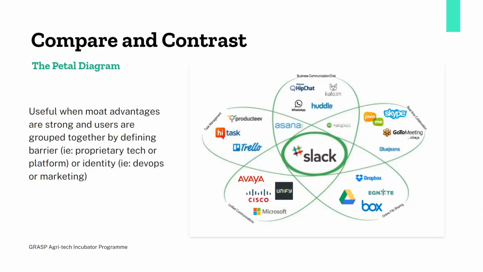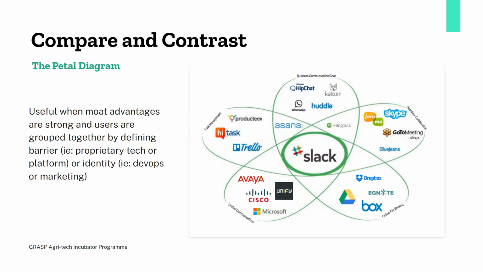It's the same as in agri-tech. If you have a technology provider that has a really strong presence in your market, so you think back to your ecosystem map, if you know, for example, that John Deere is the prevalent machinery type in this particular area, and you want to create IoT that works with John Deere machinery, you're going to need to show that you can work with that, or that you can bridge the gap and give your customer all of this extra access that's never been possible before.